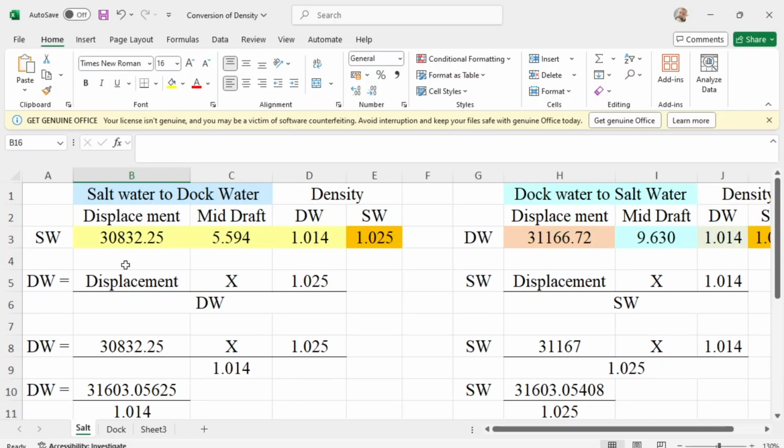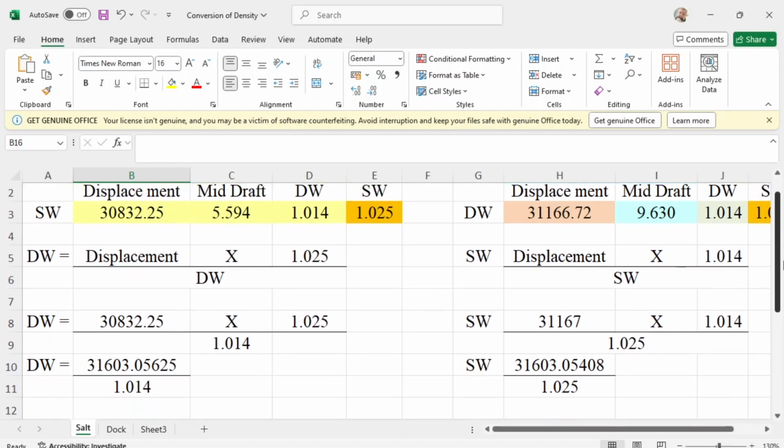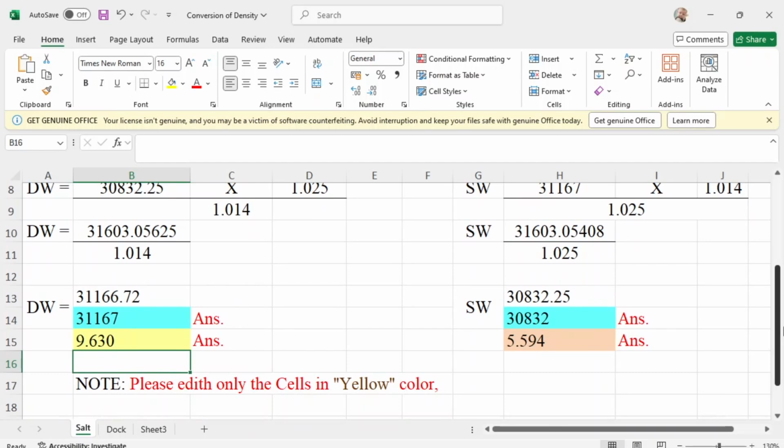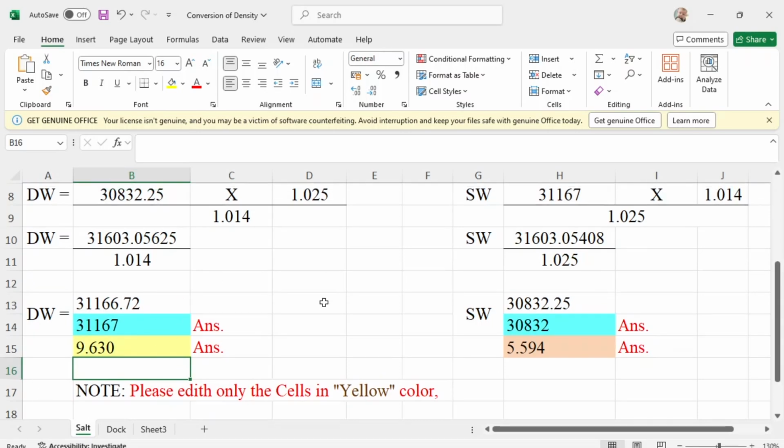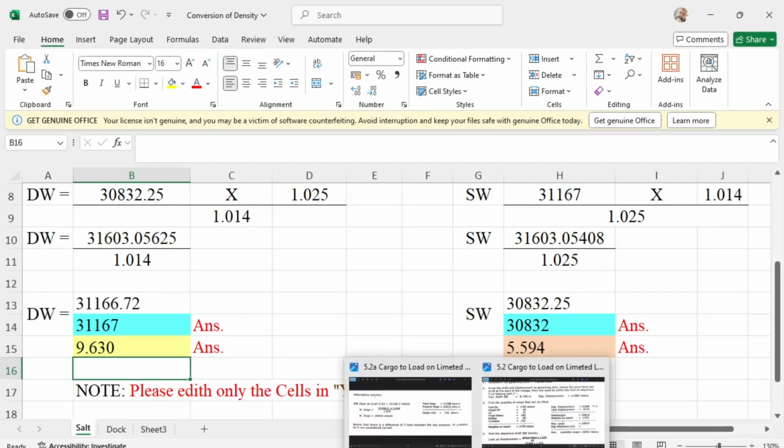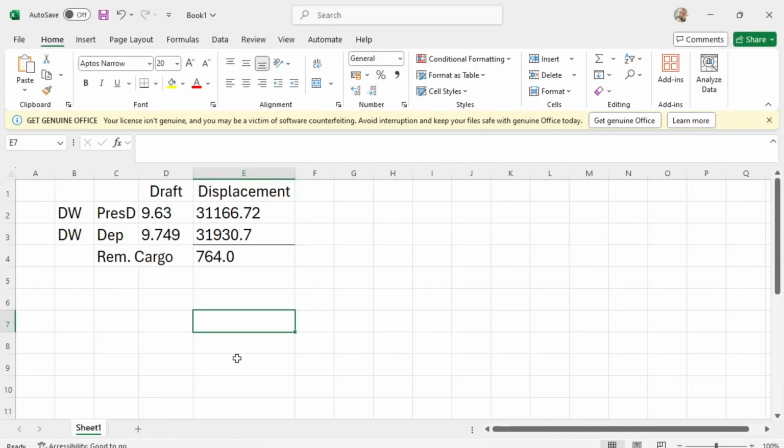If you have this density, looking for dock water, okay. So that's it, guys. But I have another solution here. Draft displacement. For example, your dock water present draft of 9.63 is 311.6672, which is this one, guys.